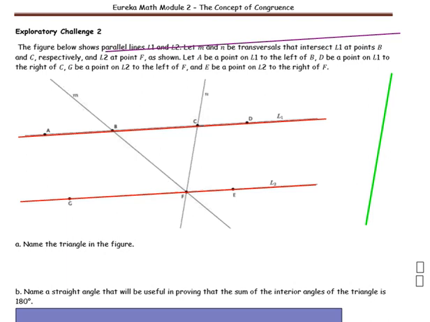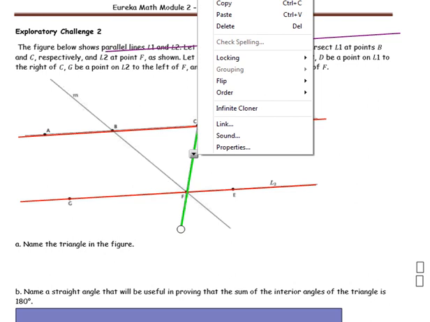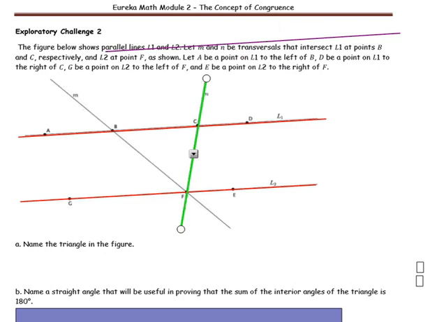Then it says let M and N be transversals. So this is a transversal intersecting parallel lines, and let's make another one of those. And this one is also a transversal intersecting parallel lines.